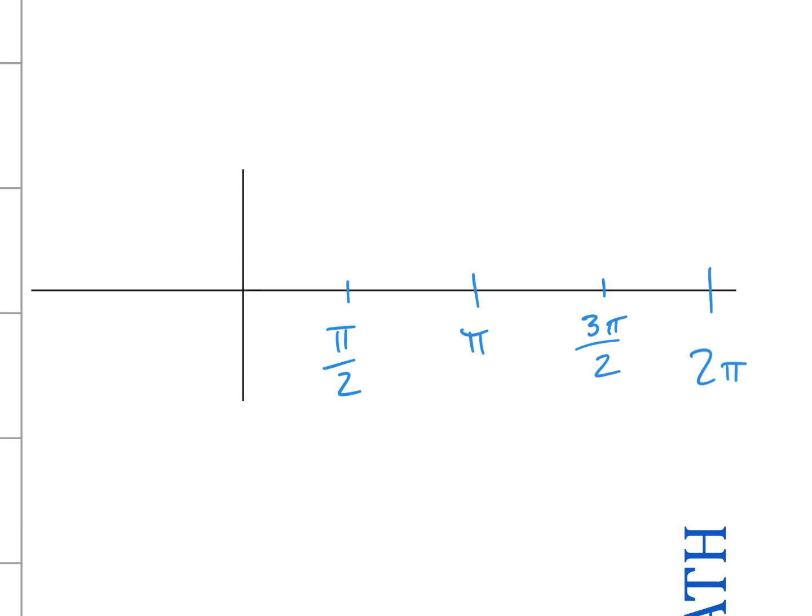And so what you need to know is that this is 1 and this is -1. So the graph is going to look like this. Kind of like that. There it is. So this is cosine of x, y equals cosine x.